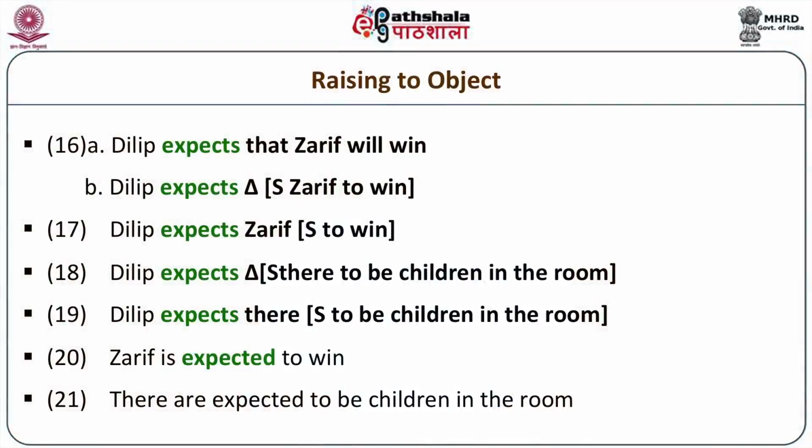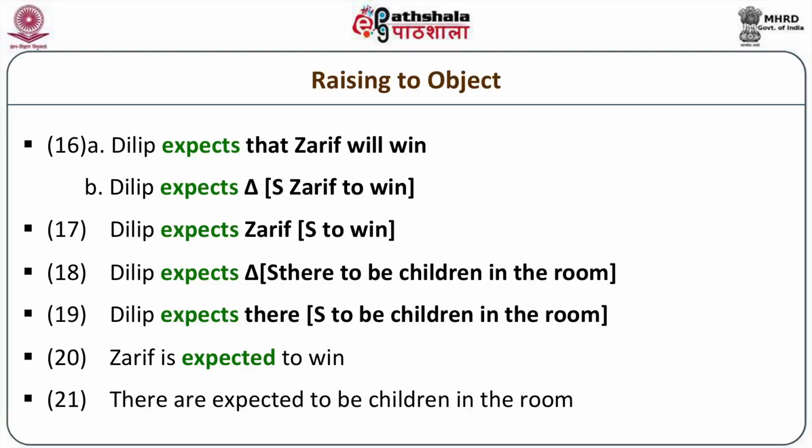If you compare the sentence, Dilip expects that Zarif will win, where the embedded sentence Zarif will win is finite, by which we mean that its auxiliary will carries tense, with Dilip expects Zarif to win, there is reason to believe that these have the same deep structure, and that therefore Dilip expects Zarif to win at the level of deep structure treats Zarif as the subject of the downstairs verb win.